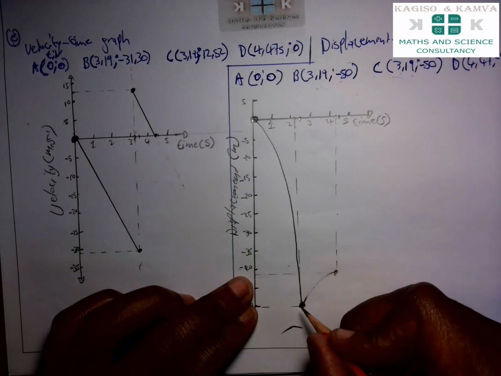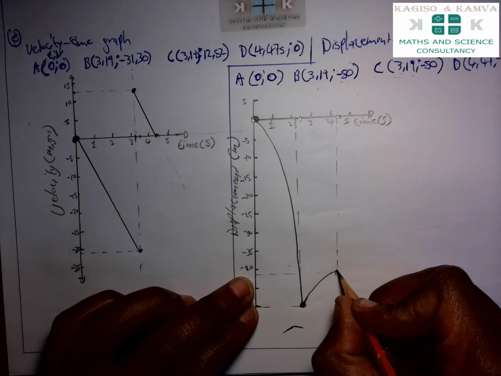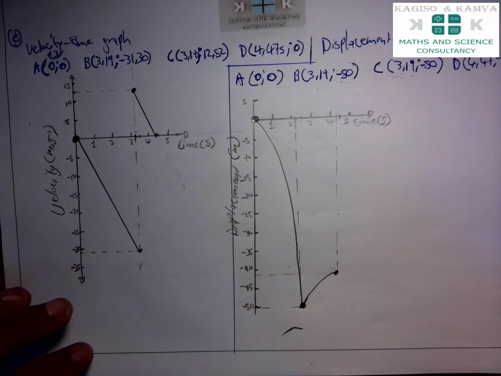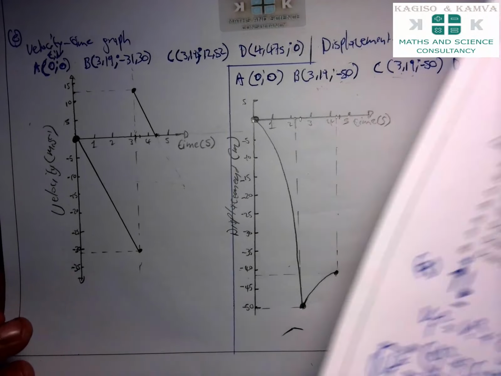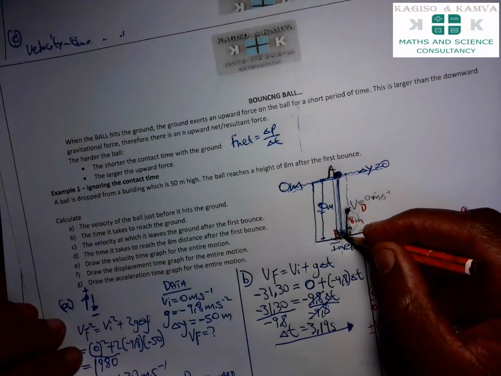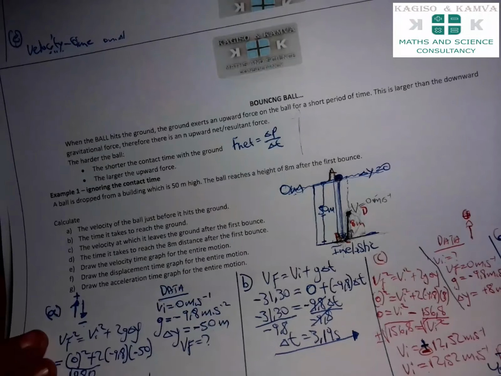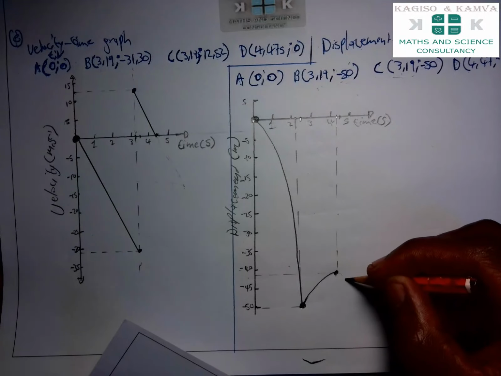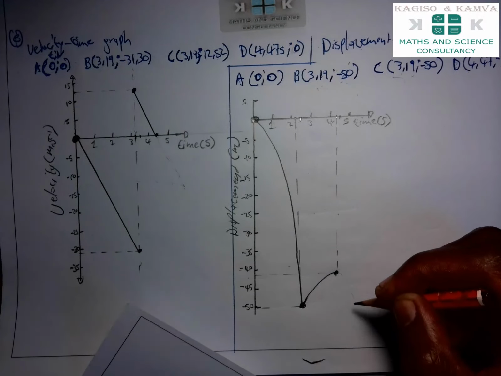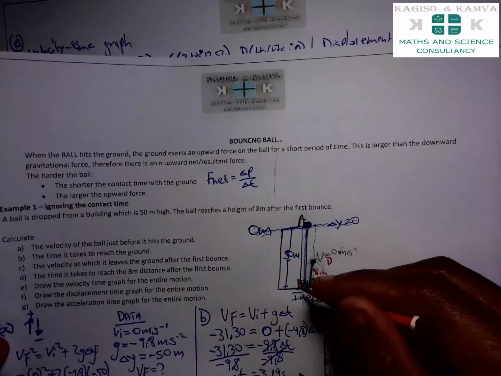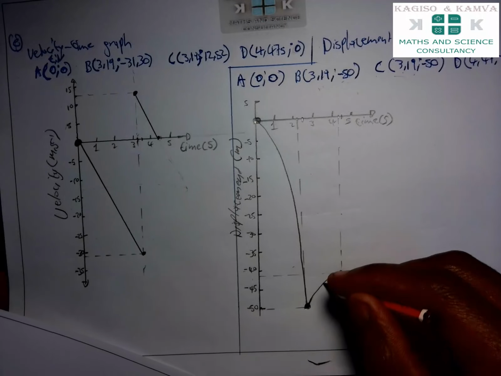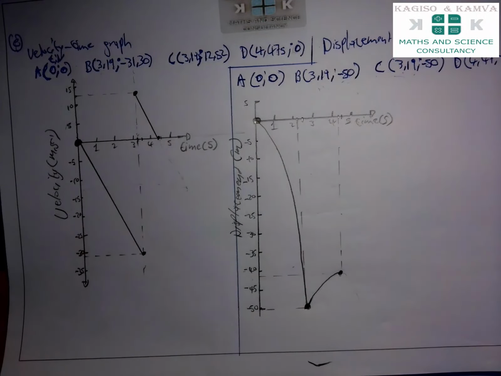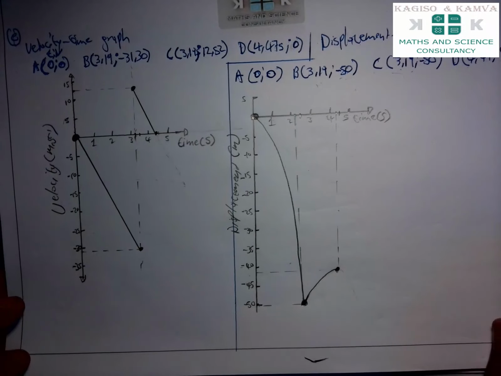Okay, only one line. Good, like that. But if the ball had bounced for the second time, and then we have to plot until there. This was going to come here again to -50 there. It was going to come like that, okay, after some time. Good.